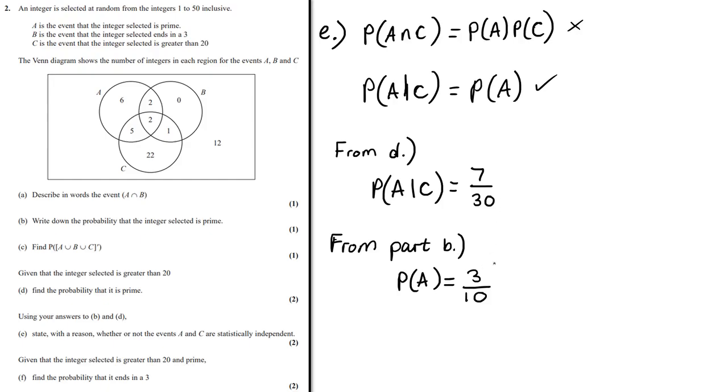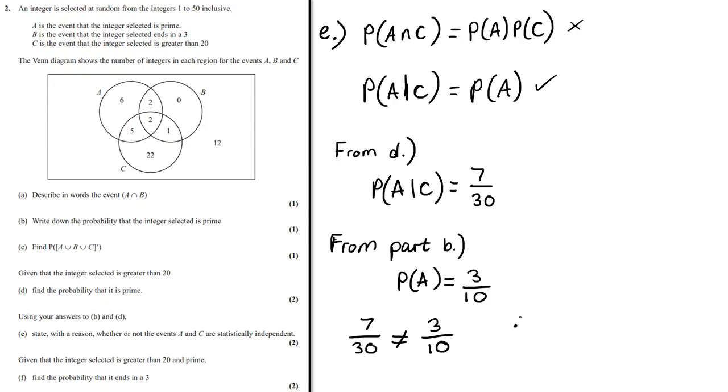So what we need to do is check whether these are equal in value. If they are equal, then they're independent. If they're not equal in value, then they're not independent. So clearly 7 over 30 is not equal to 3 over 10. So in that case, A and C are not independent.